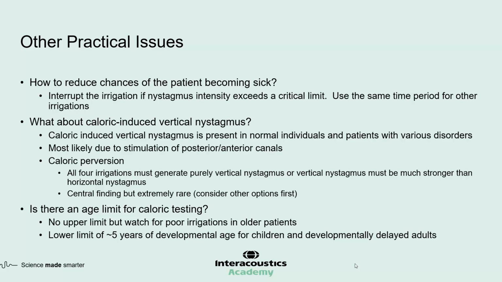But if somebody calls and asks you, can you test a 2-year-old, the answer is most likely no, because children that age do not let you put an irrigator in their ear and hold it there for such a long time. So caloric testing is not an optimal test for the pediatric population.